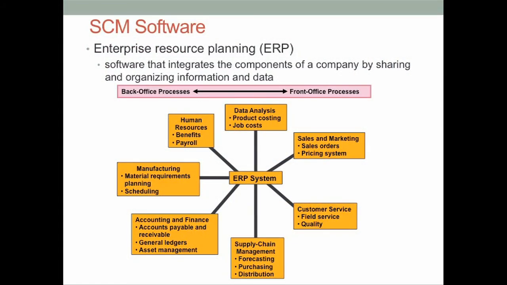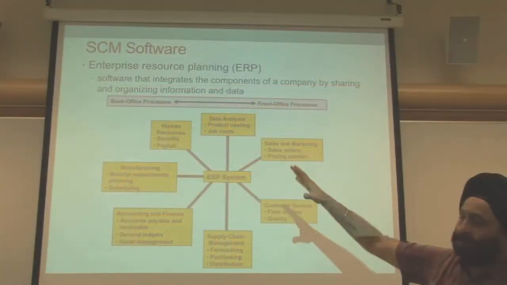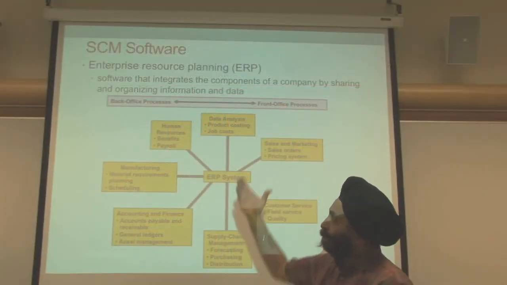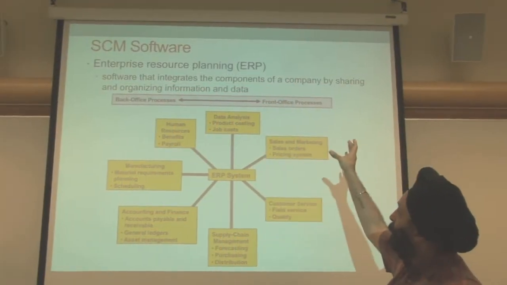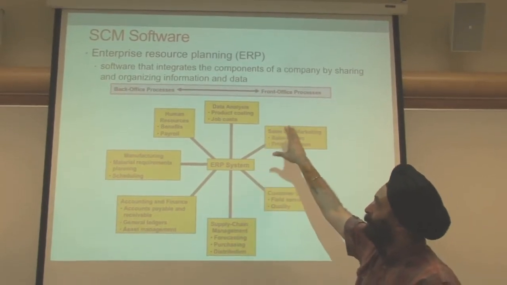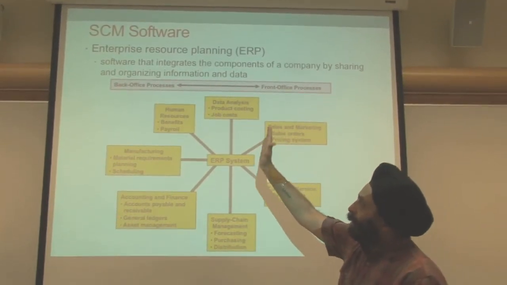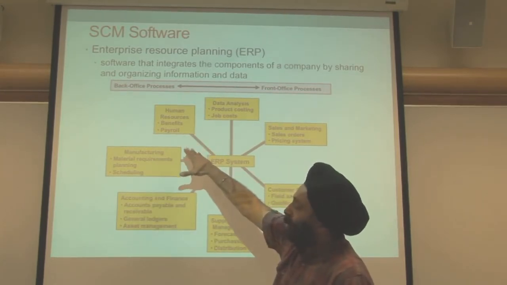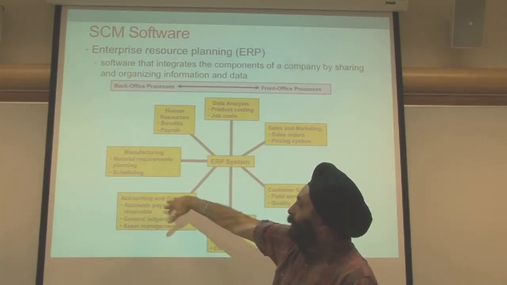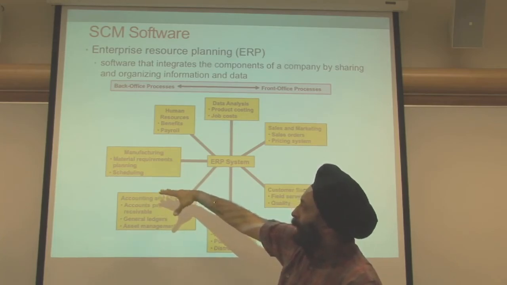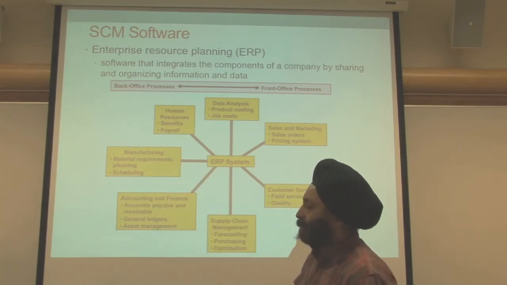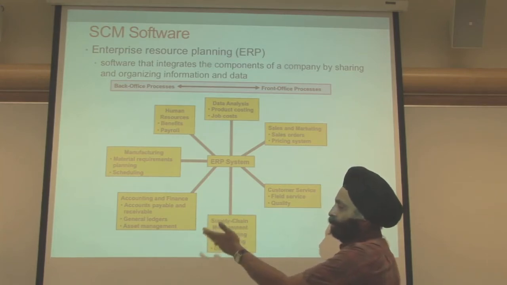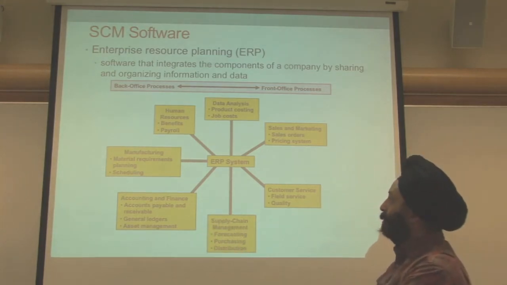So SCM software: you have the enterprise resource planning software, which we had talked about in the previous lectures. It is software that integrates components of companies by sharing and organizing information and data. It has back office processes, which could be human resources, benefits, payroll, manufacturing in terms of material requirement planning and scheduling, accounting and finance, which covers accounts payable and receivable, general ledger, asset management.